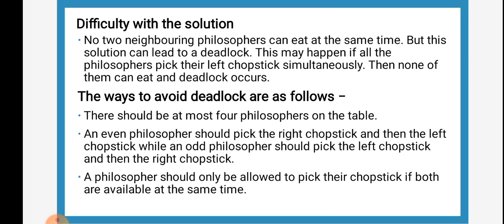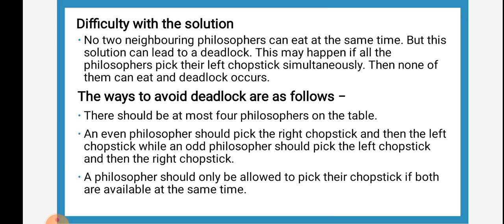Just remember that a philosopher should only be allowed to pick up their chopsticks if both are available at the same time. Clear? So this is one of the ways we can avoid the deadlock in the dining philosophers problem.